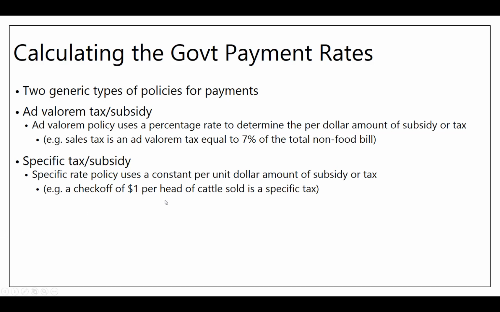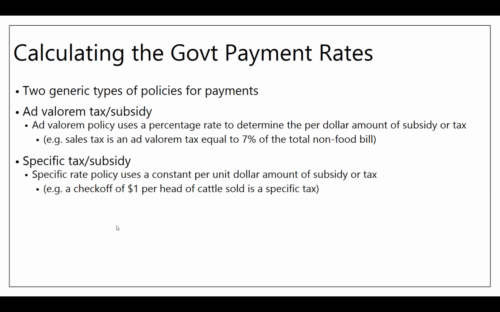Another case in agriculture, I think it may still be the case: every unit of cattle sold, you paid $1 per head as a checkoff or something like that. I can't remember exactly what it was, or if it was $1 per hundredweight. But either way, it was $1 on the physical units, not $1 for every $100, right? It's based on the physical units.